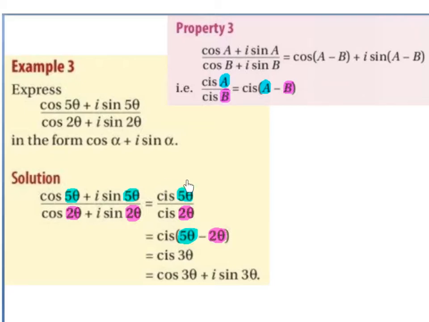And cis 5 theta divided by cis 2 theta is going to be cis of 5 theta minus 2 theta, because when we're dividing two cis's, we subtract the angles. 5 minus 2 is 3, so we get cis 3 theta, which breaks down to be cos 3 theta plus i sin 3 theta.